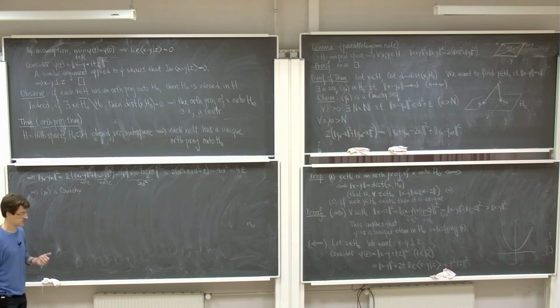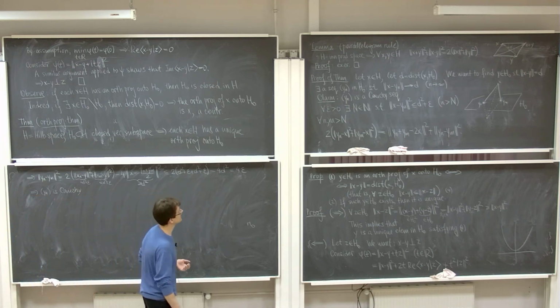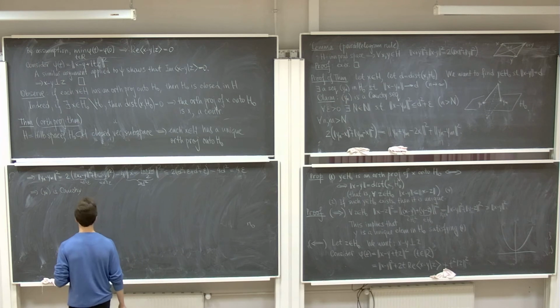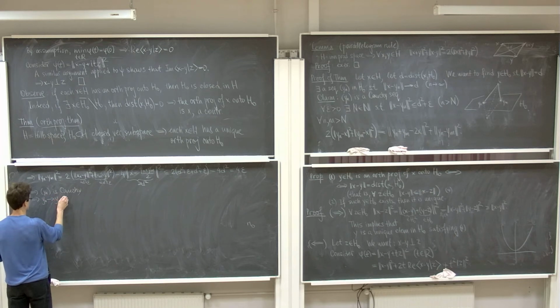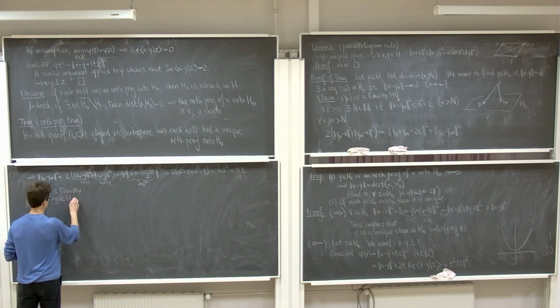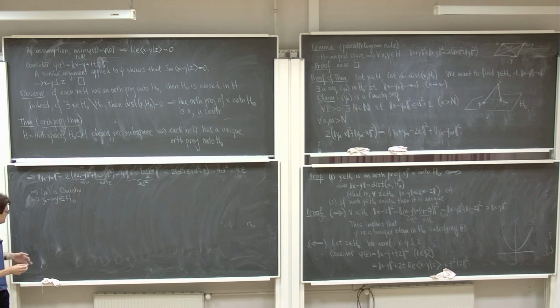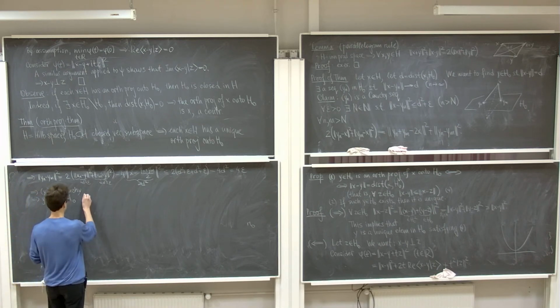Now we recall that H was assumed to be a Hilbert space, so it is complete, and yn converges. So yn converges to some element y, which also sits in H0 because H0 is closed.